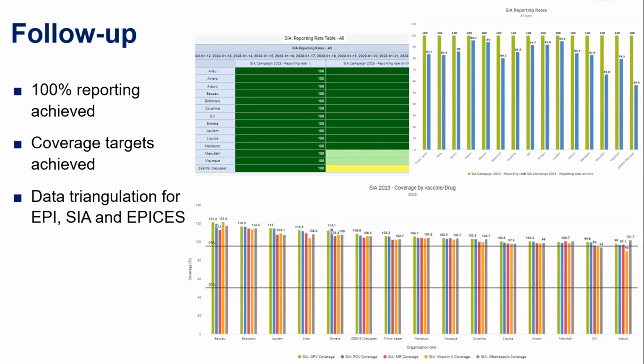Now we are awaiting the final results of this immunization survey. We have 3 data sources for this immunization, and we can do a good triangulation of data to check the coverages and assess and plan further interventions.